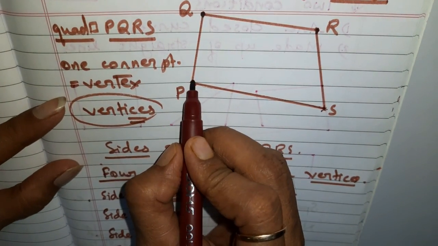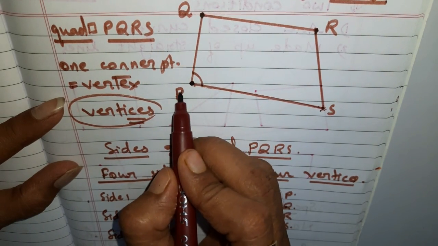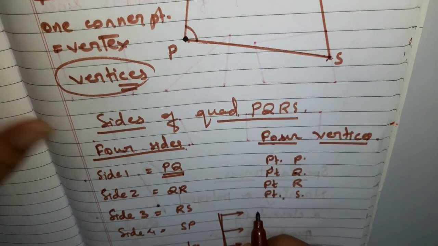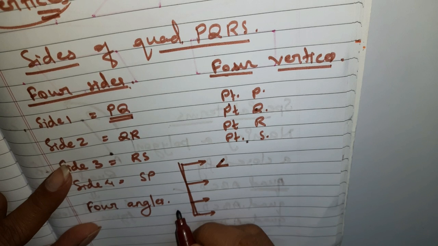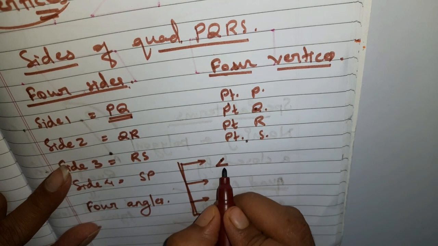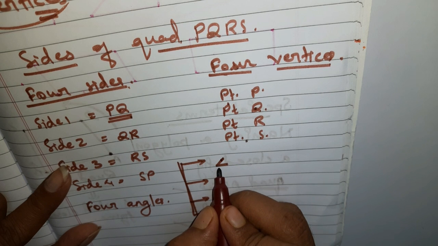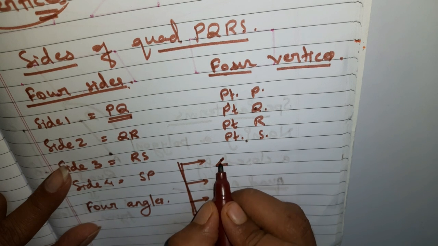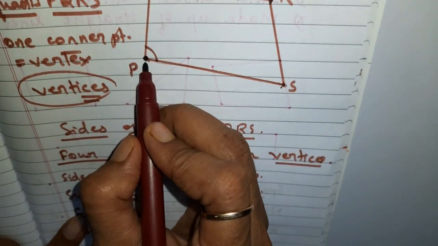So in short, if I write, then this is one angle. So what is the point over here? This point is P. So I can write, you have to use the symbol of angle, and you know that the symbol of angle is very small, this type of symbol. Okay, you can say an L type of symbol, a little tilted one. So angle, and what is the name of this angle?